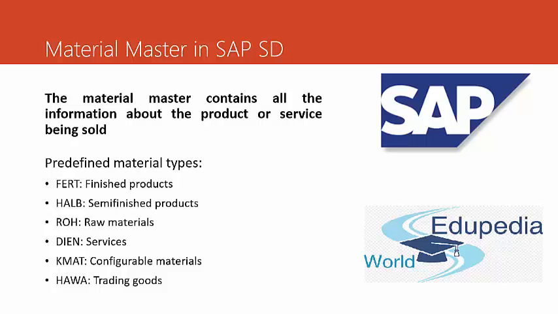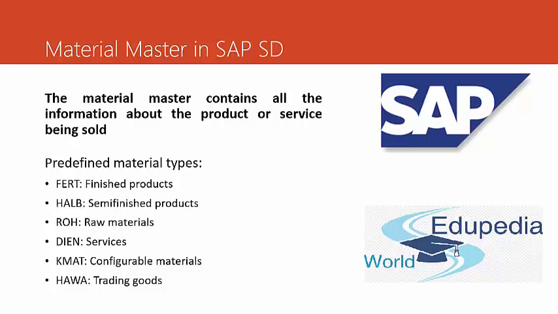Materials with a similar set of attributes are grouped under the same material type. The material type is the key to controlling screen sequence, data fields, and data. SAP has a set of predefined material types that meet most business requirements.